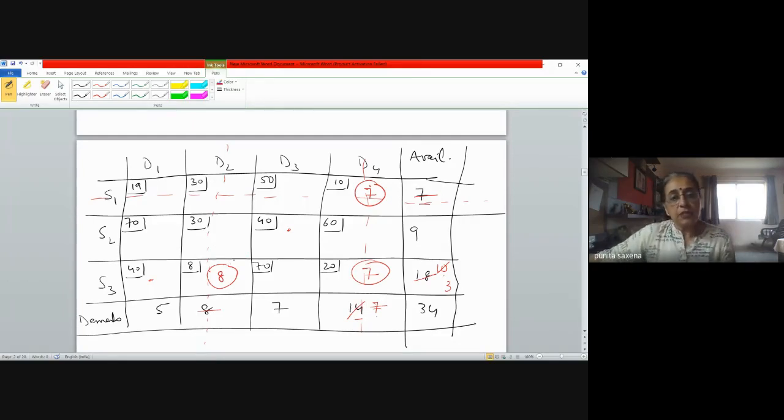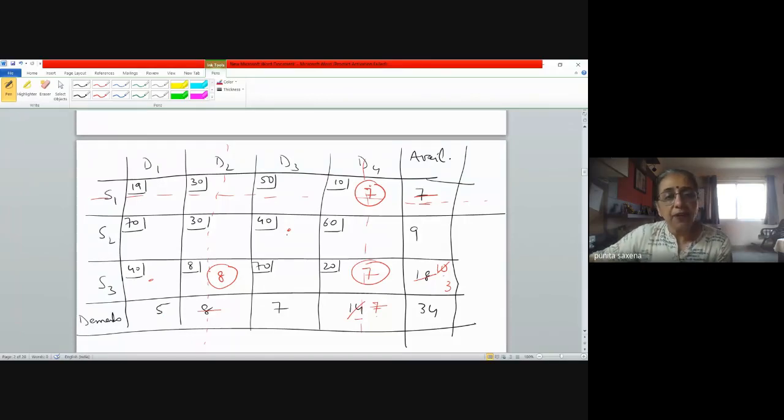So what we do is we choose a cell where maximum allocation can be made. See, if I choose S3D1, then the allocation that can be made would be the minimum of 3 and 5, which is 3.